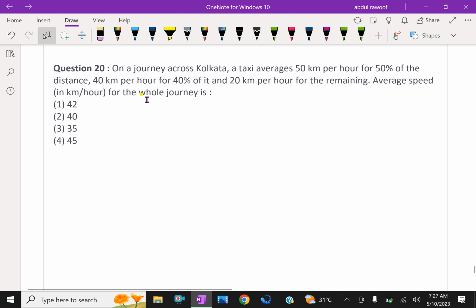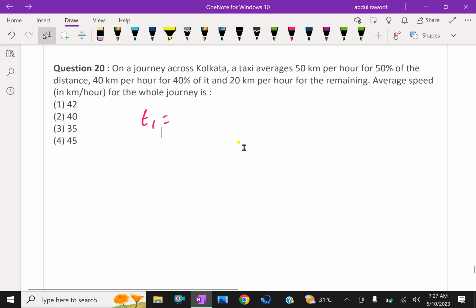Question number 20. On a journey across Kolkata, a taxi averaged 50 km per hour for 50% of the distance, 40 km per hour for 40% of the distance, and 20 km per hour for the remaining distance. Then what is the average speed? Here, the total distance of the journey is x kilometer.